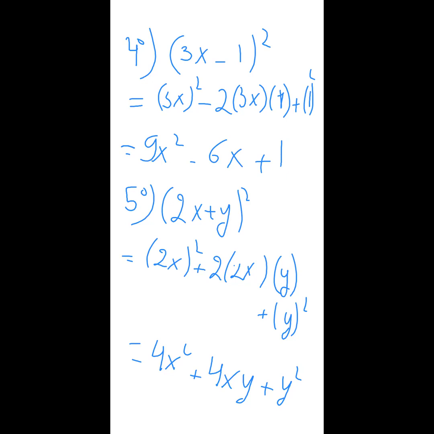طيب let's continue. 6. So 6 the same as 5, but instead of plus it's minus. Part 6 we have 2x minus y all of it squared.